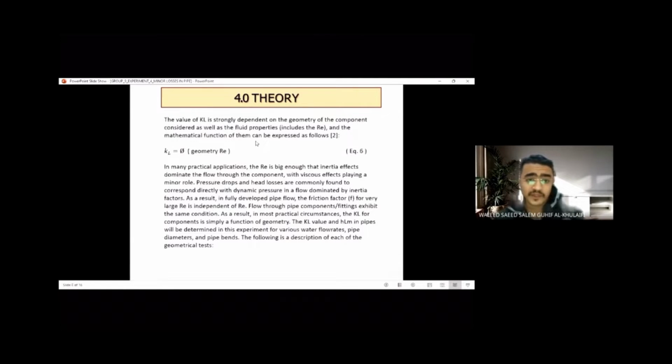Moreover, the value of KL strongly depends on the geometry of the components considered, as well as the fluid properties, including the Reynolds number, RE, and the mathematical function of them can be expressed as follows. As you can see, KL equals a function of geometry and RE, which is equation 6.